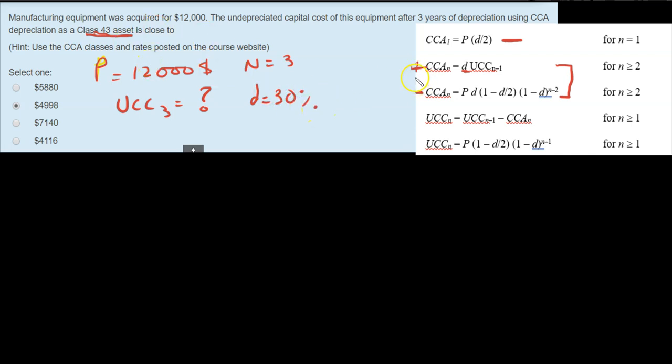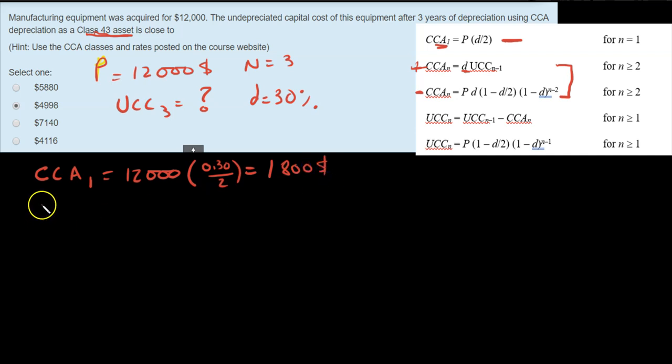So now let's just work with the problem. Let's go for the first year's allowance you get back from the depreciation. This is your capital cost. Multiply by the rate over 2. So the rate in decimal form over 2. And that will give us a value of 1,800.